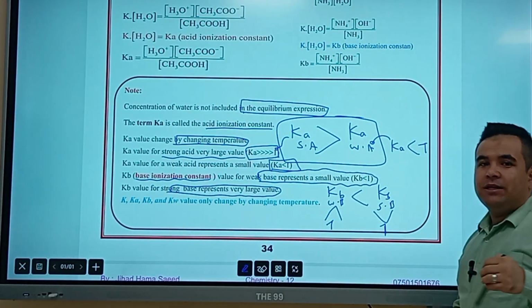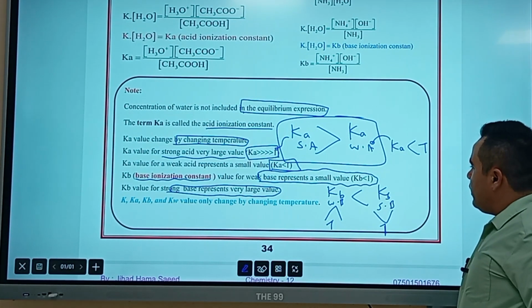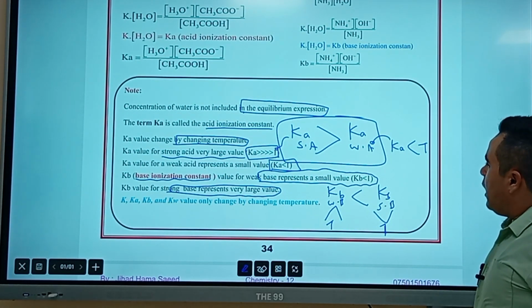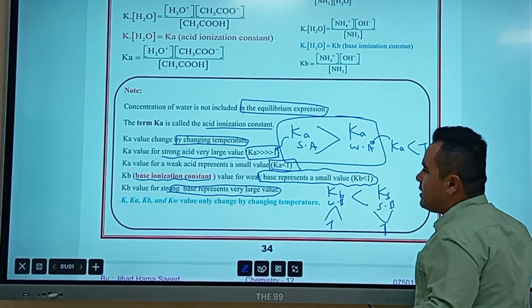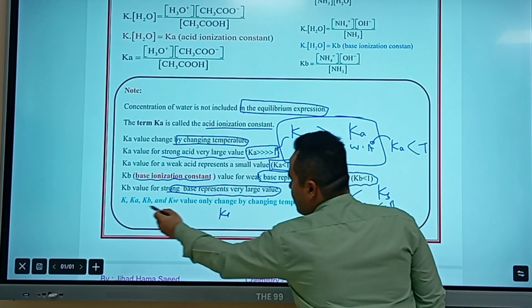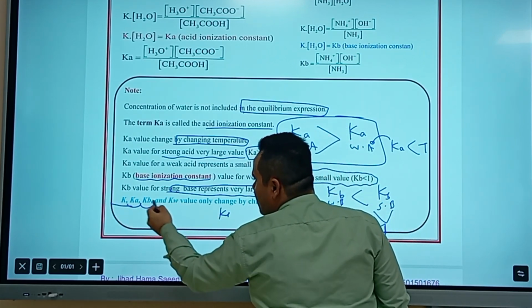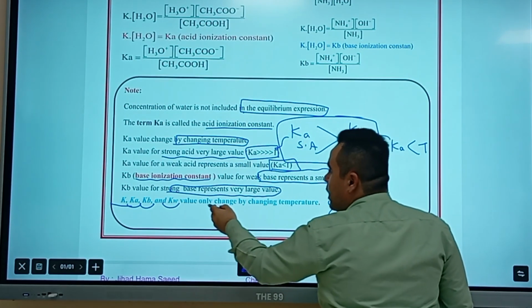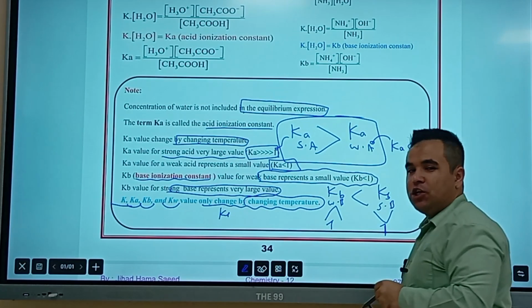We have to know how Kb for strong bases and weak bases changes. Kb, like Ka, changes by changing temperature. So K, the equilibrium constant, Ka, Kb, Kw are those values that change only by changing temperature.